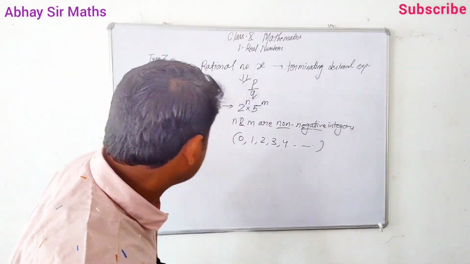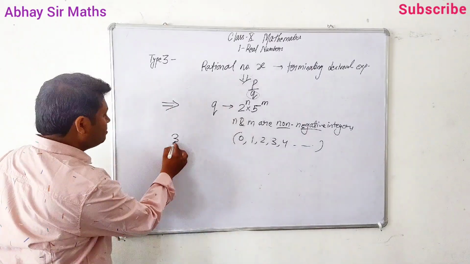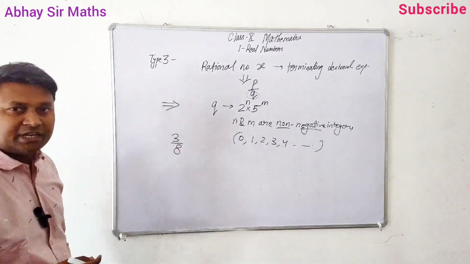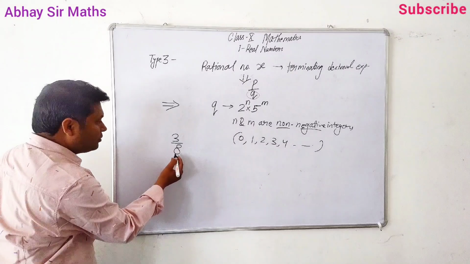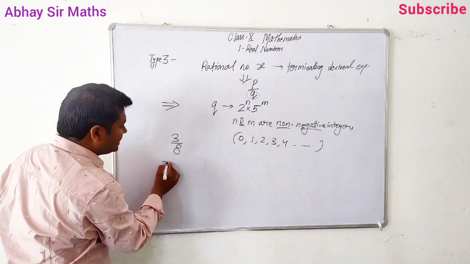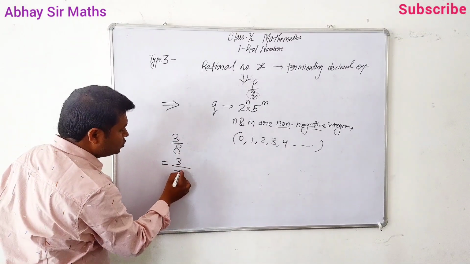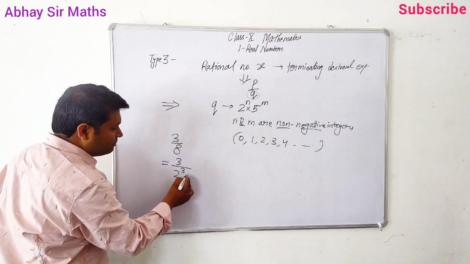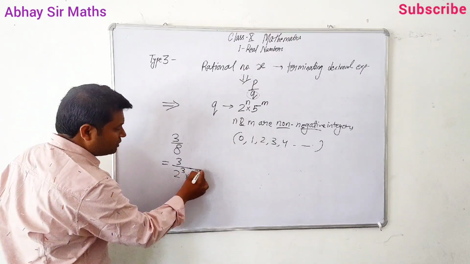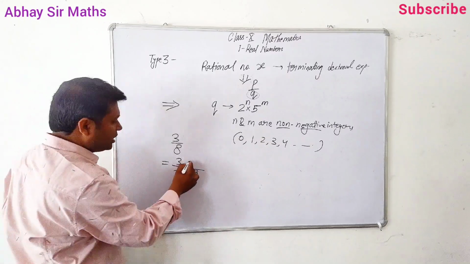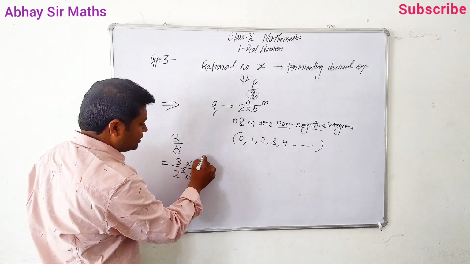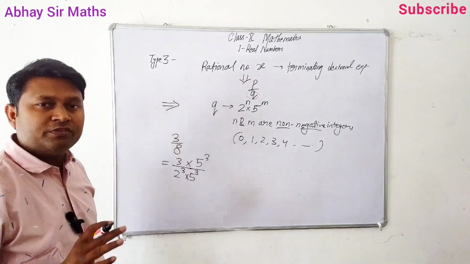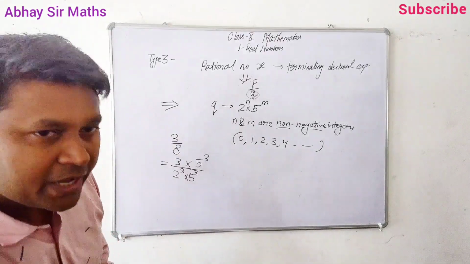नाउ लेट अस टेक वन एग्जांपल। सपोज 3/8, this is a rational number. Now we can write it like this, 3/2 cube. Okay, now if we multiply by 5 cube here, then in the numerator also we will have to multiply by 5 cube.